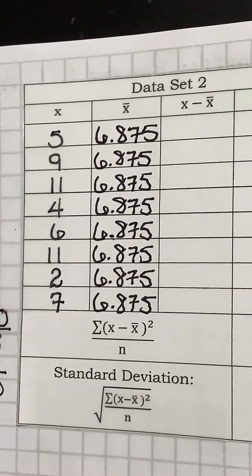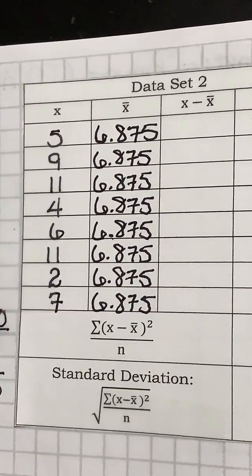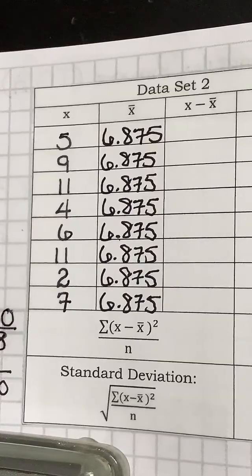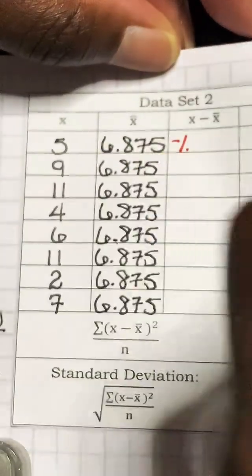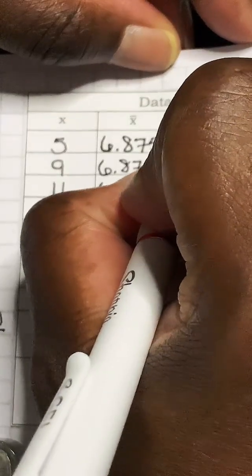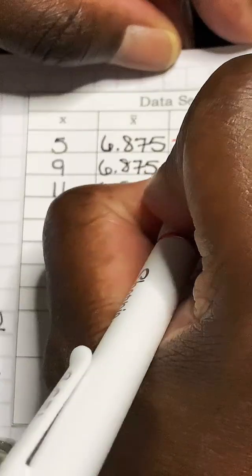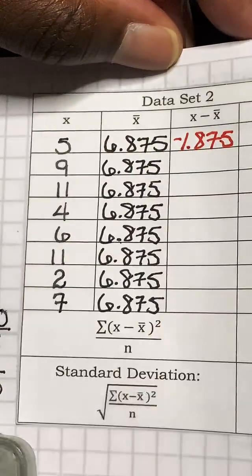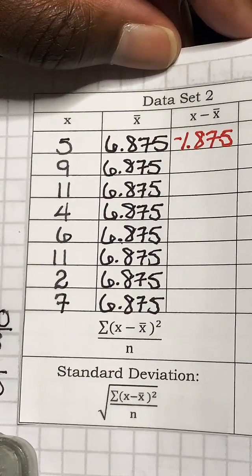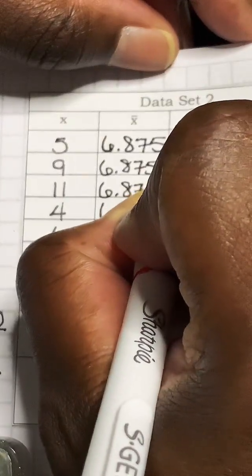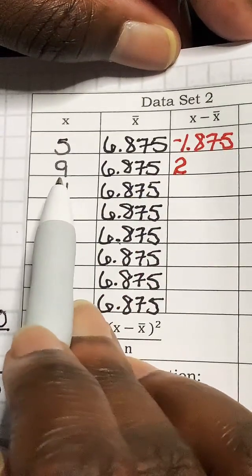Okay, so let's have fun subtracting this now. So we have 5 minus 6.875. This is when we're starting to look like math geniuses. When you start seeing all these large numbers, you're like, man, I'm smart. Yeah, you are smart. So I'm just taking the difference from my original.